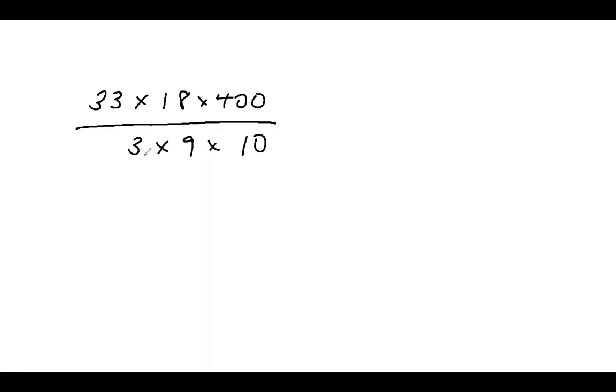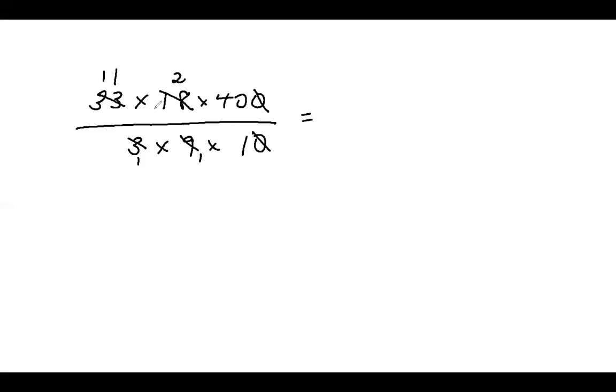Right here we have 33 and 3, so we can simplify that. 3 goes into 3 once, 3 goes into 33 eleven times. Then we have 9 and 18: 9 goes into 9 once, 9 goes into 18 two times. And anytime we have zeros, we can cancel this 0 and that 0, because that's dividing by 10 in the numerator and denominator.